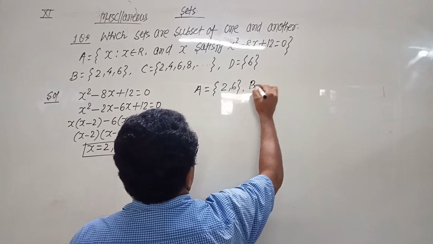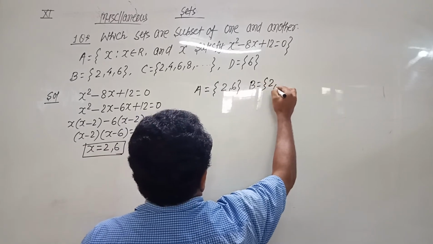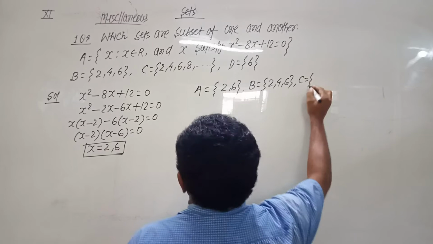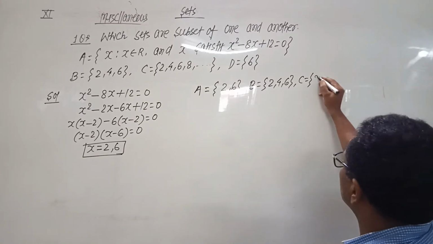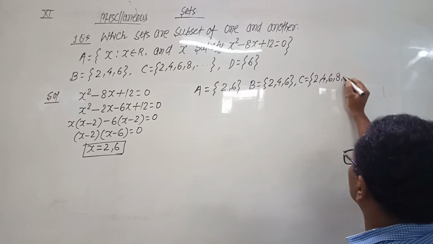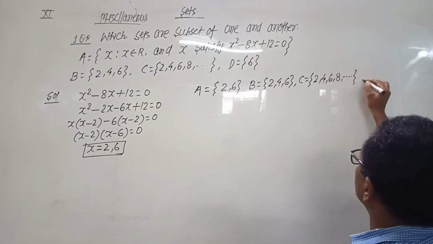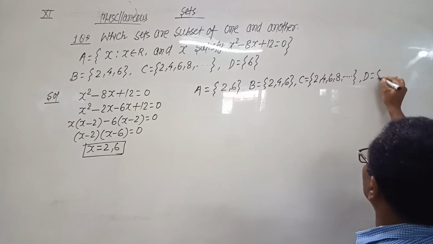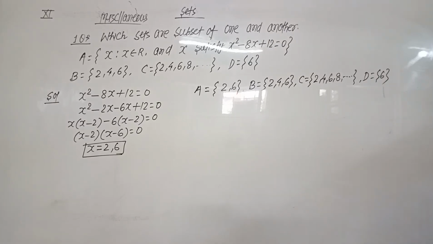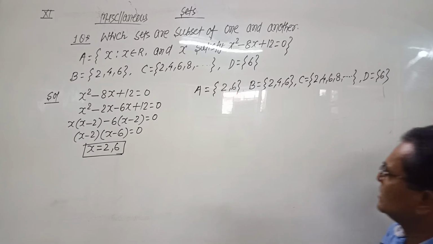Then set B equals 2, 4, 6, set C equals 2, 4, 6, 8, and so on, and set D equals 6. Now we have to say which sets are subsets of one another.